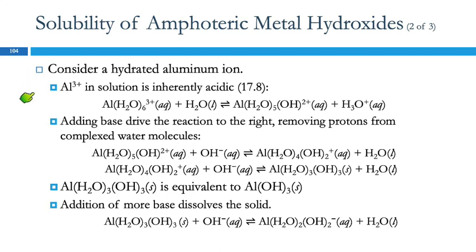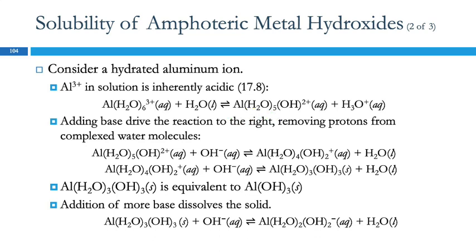So let's look at this hydrated aluminum ion. We learned back in chapter 17 that Al3+ is one of these small, highly charged metal ions that can act as an acid. So here we can have the aluminum ion hydrated with 6 water molecules, and that can interact with a water molecule and donate one of the hydrogens, forming a hydronium ion, and then we're left with 5 waters and a hydroxide on the aluminum.